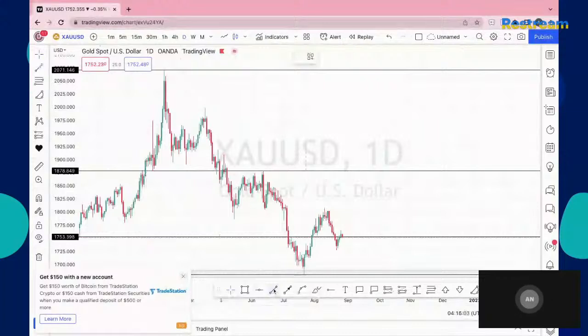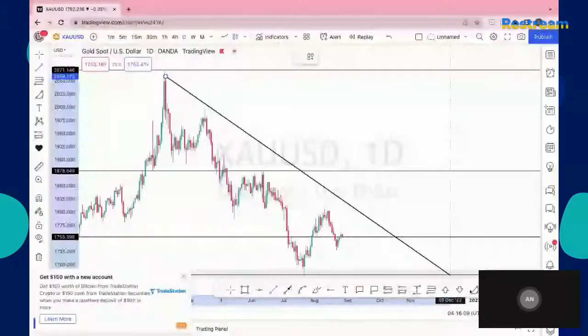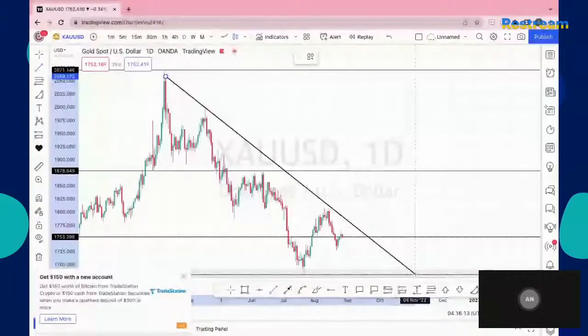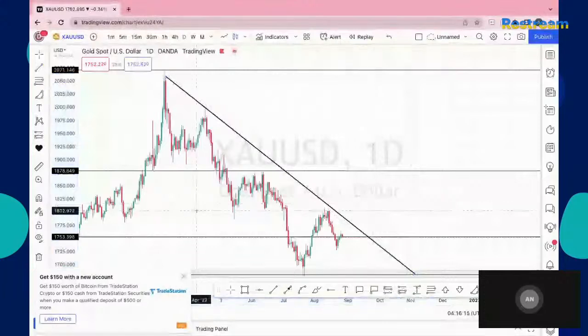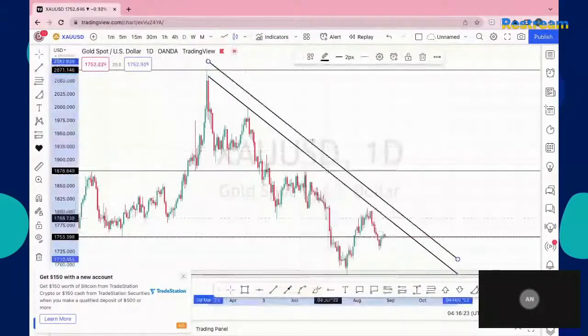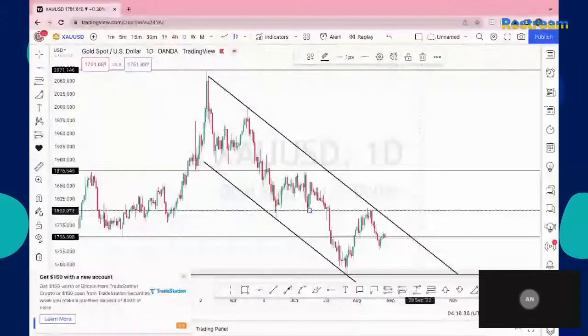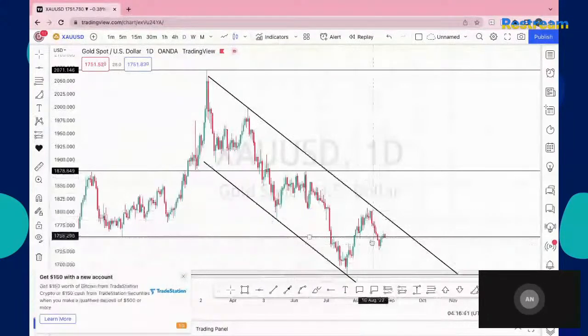Now if we take it down to the 1 day, we can draw down our trend line on the downside. You can see we're in a downtrend. We mark our zones right here, but I prefer not to do that.